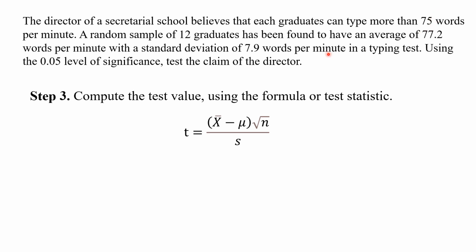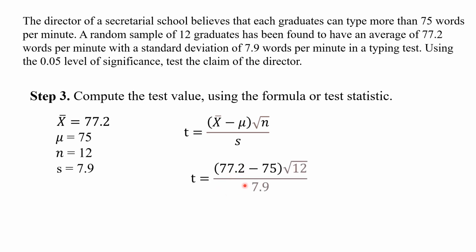Then, yung sample size natin is 12. Then, yung sample mean is 77.2. Then, the standard deviation is 7.9. Kapag nakuha mo na lahat ng given, substitute na natin dito sa formula.